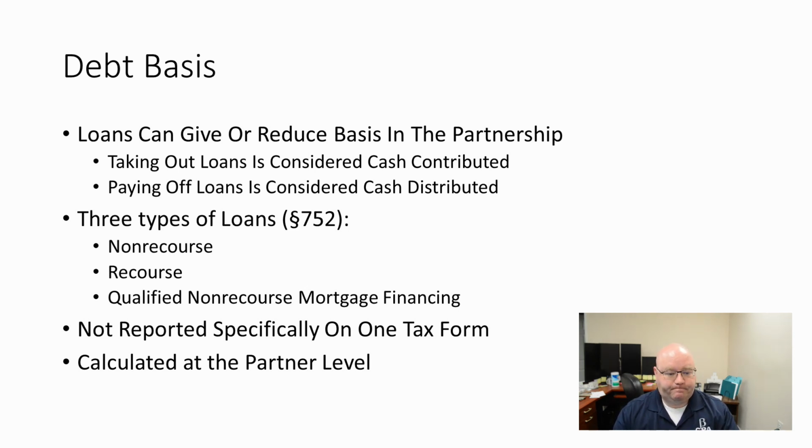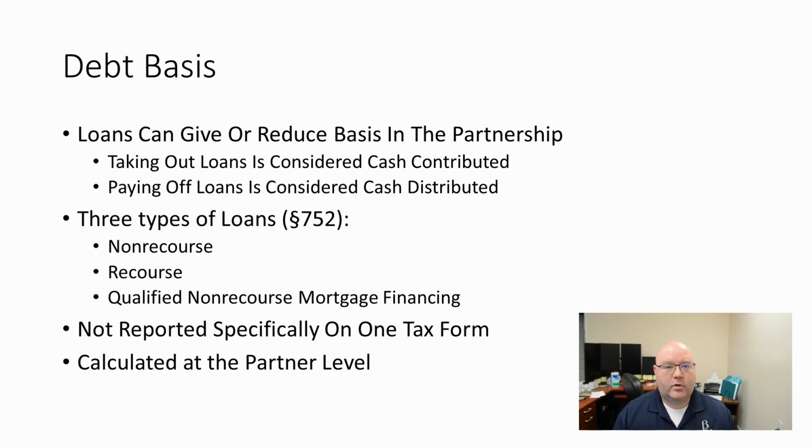And so what happens with recourse is the bank says, look, because you have all the 6 C's lined up, we're going to loan you the money, but partner, we want you to be personally responsible for this. And if you're willing to sign on the dotted line that you're going to be personally responsible for it, we're going to let you do that. That's an example of recourse debt.